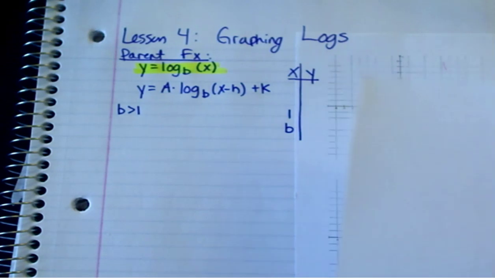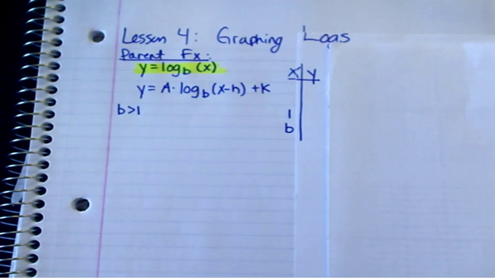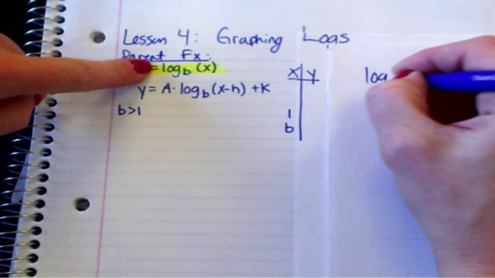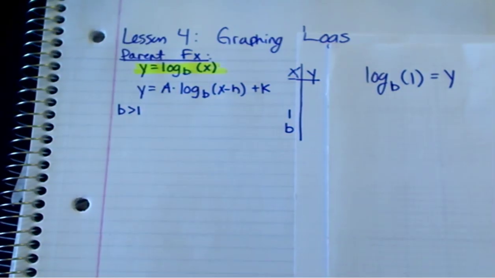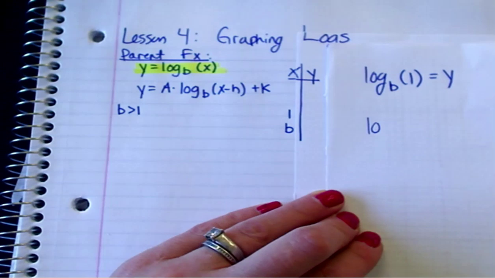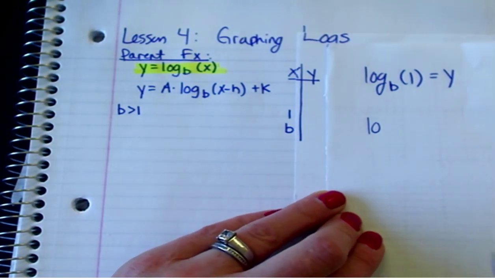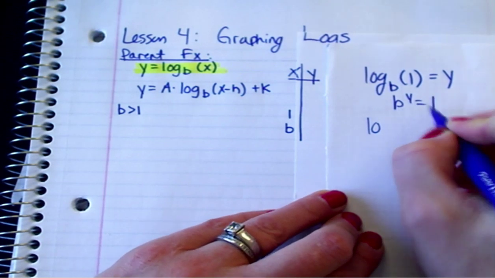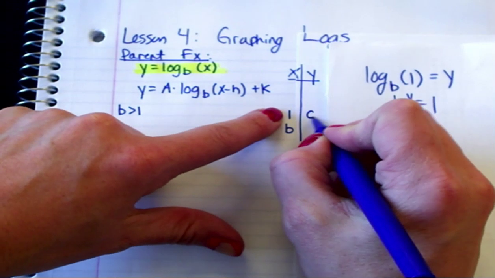And when I say evaluate, log base B of 1 equals y. Can you figure out what y is? We just did a lot of rewriting. Could you rewrite it and figure it out? It's 0. Why is it 0? Anything to a 0 power is 1. And so my first point is 1, 0.